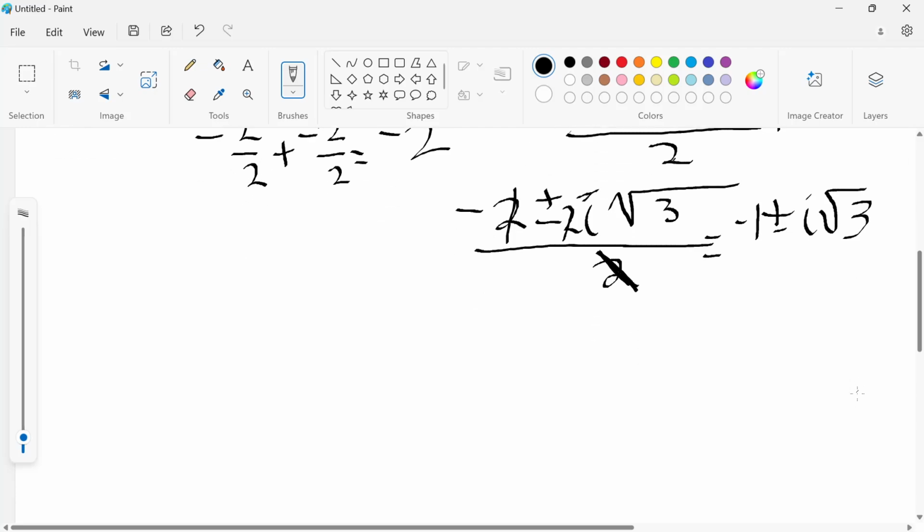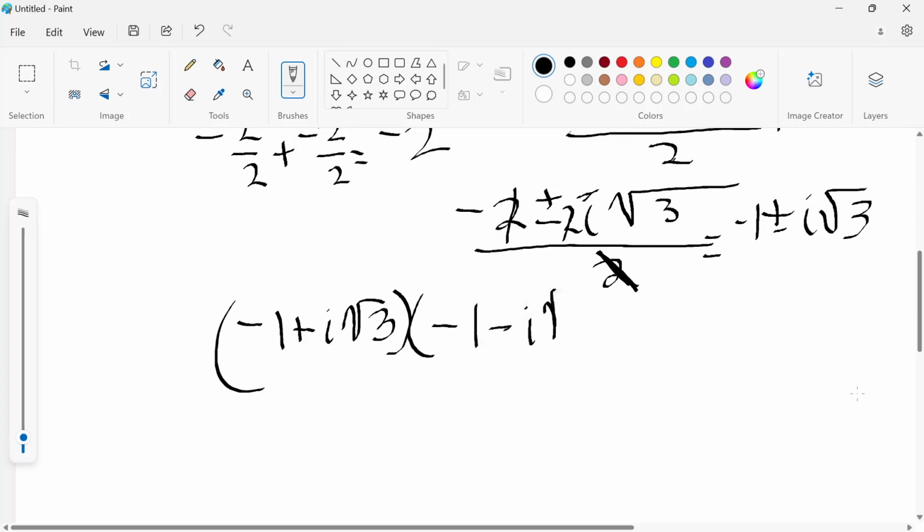All right, so if I multiply that, negative 1 plus i square root of 3 times negative 1 minus i square root of 3, something plus something times something minus something, that's a difference of 2 squares.